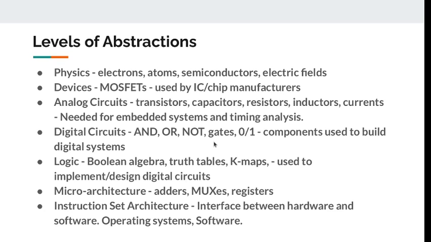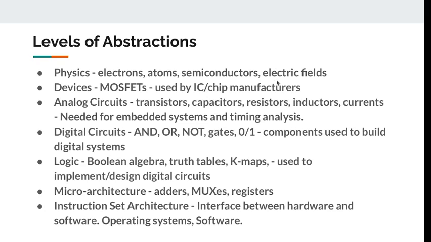And basically computer architecture and computer organization are basically managing levels of abstraction, right? So we have the physics. That's basically how the electrical part of the computer is going to work. So we have the electric fields.